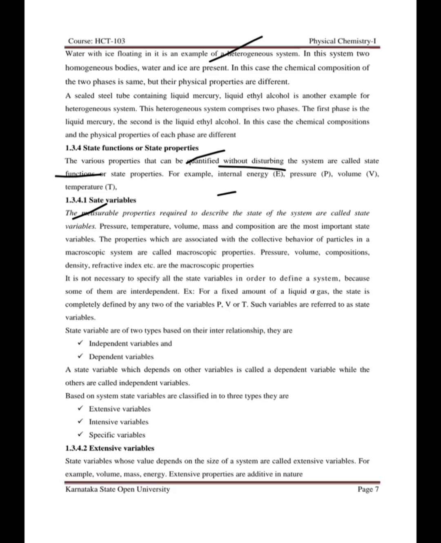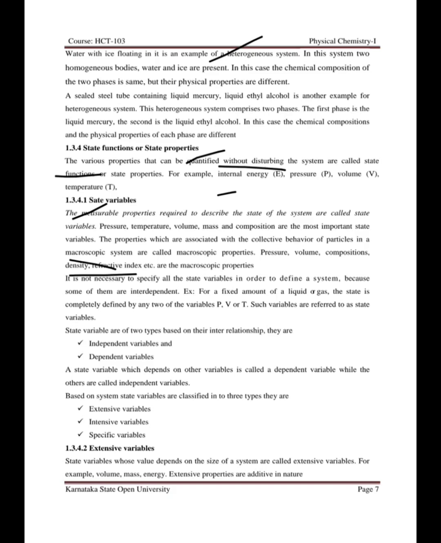And the properties associated with the collective behavior are also known as macroscopic system. For macroscopic system, the examples are a fixed amount of liquid or gas, which has pressure, volume, composition, density, and refractive index.